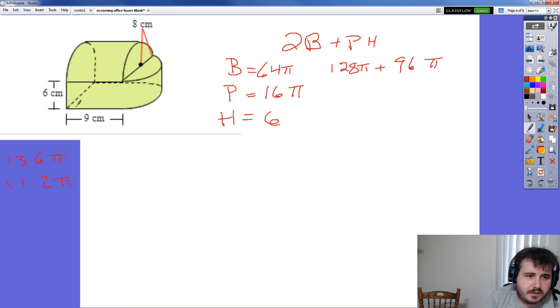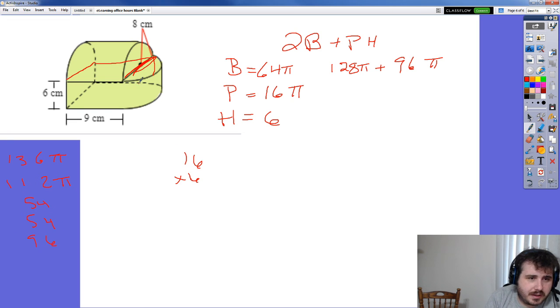The front one is 6 times 9. The back one here is also 6 times 9, right? 6 and 9. The one here is 6 by, not 8, but 16, right? 6 times 16, 96, right?